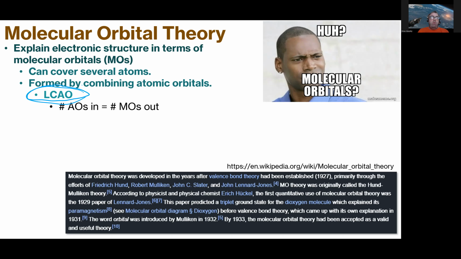For us, we're going to look at it pictorially. We're going to hopefully explain some of the bonding stuff. We're going to get a good idea of how sigma bonds and pi bonds work and what things look like. And then we're going to realize that really we need all of these theories together to help us explain bonding in a well-rounded kind of way. Okay, but first let's dive in and figure out how this molecular orbital theory business works.